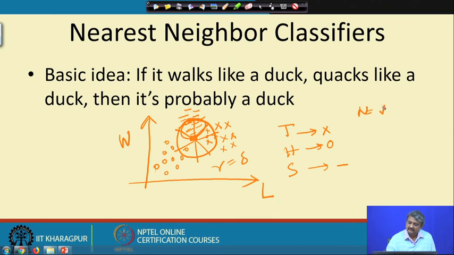I just count that, NT, how many are Hilsa, how many are shark. Whatever is the highest, I put it in that class. Okay, same principle.